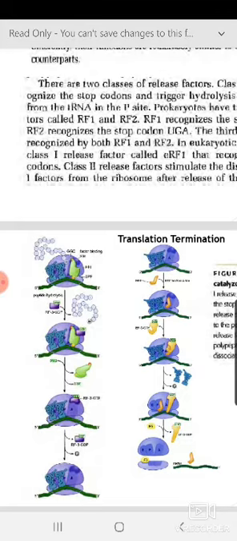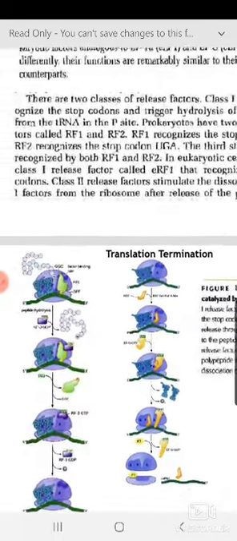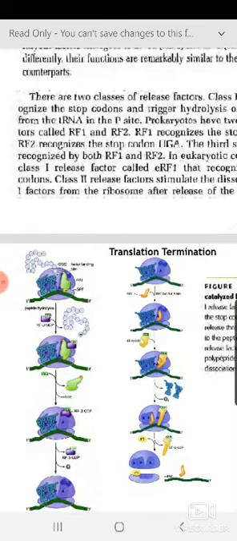The class 1 function is to recognize the stop codon and hydrolyze the growing polypeptide chain. What is the function of class 2? To release the class 1 factor. Now, there are two types of class 1 release factor in prokaryotes, RF1 and RF2. Both recognize UAA, but RF1 also recognizes UAG, and RF2 also recognizes UGA.